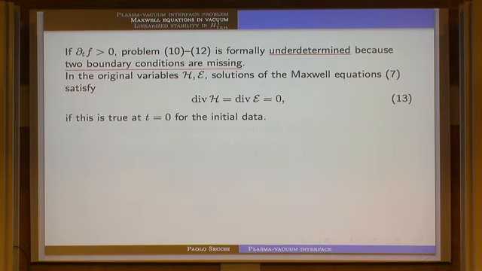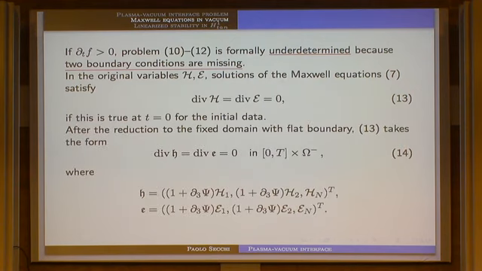Now another consideration. In the original variables, we expect the solutions of the Maxwell equations will satisfy the 2 constraints on the divergence. If it is true at the initial time, it has to be true for all times.